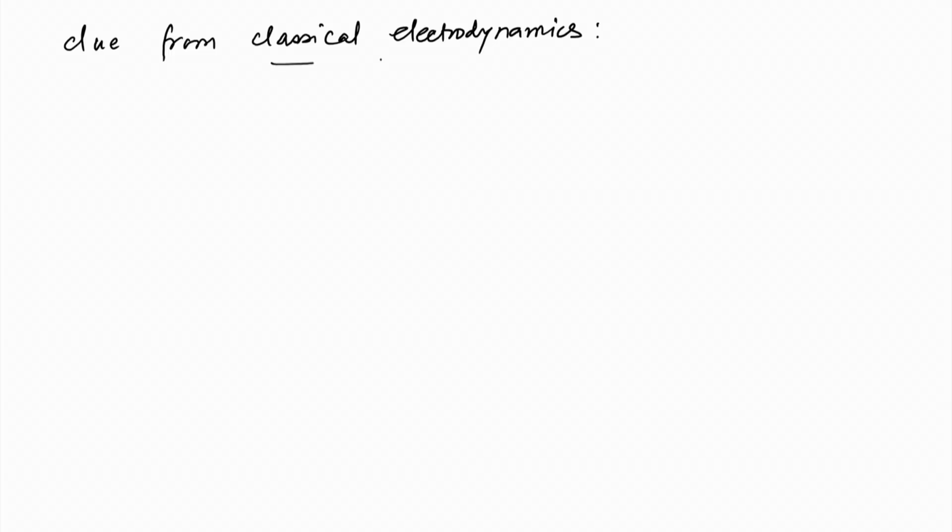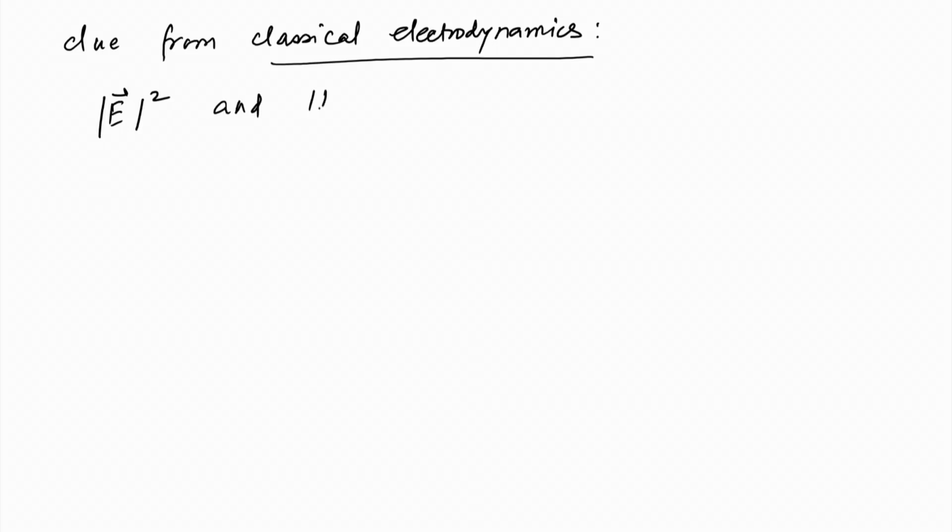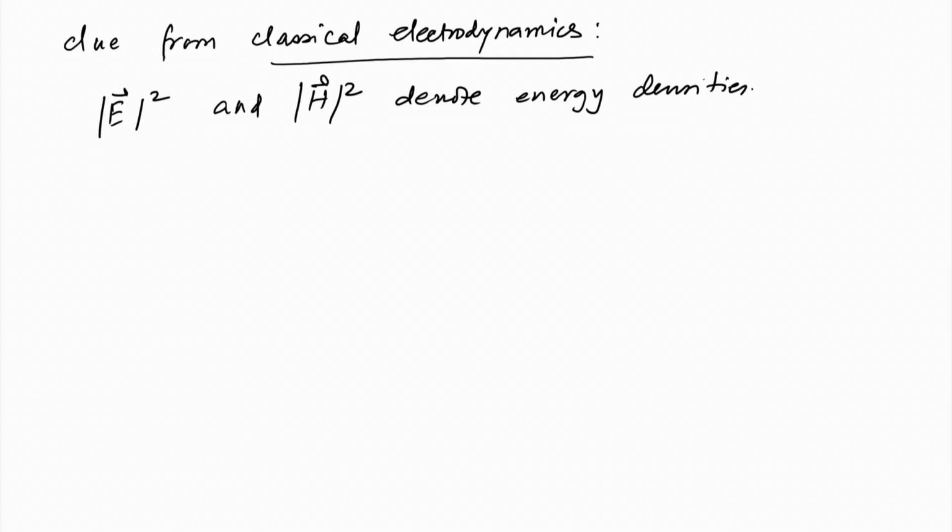Just like E square, the electric field square, and H square, denote the electric and the magnetic energy densities, while the vector E and the vector H are just mathematical forms of the electric and the magnetic fields, the measurable quantities or the quantities which have physical interpretation are these densities, or when they are integrated over volume, they are called the electrostatic energy, or the energy associated with the electric field and the energy associated with the magnetic field, and so on.